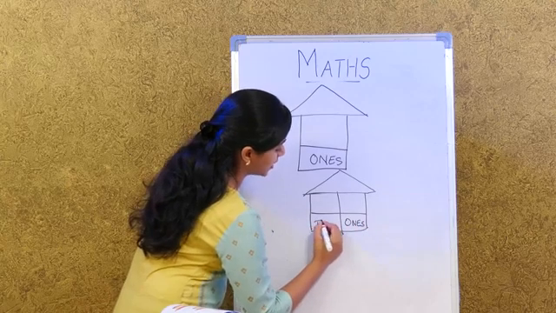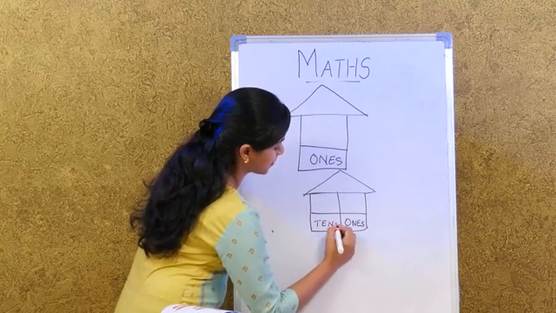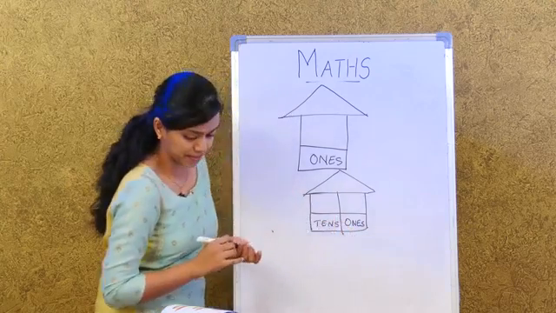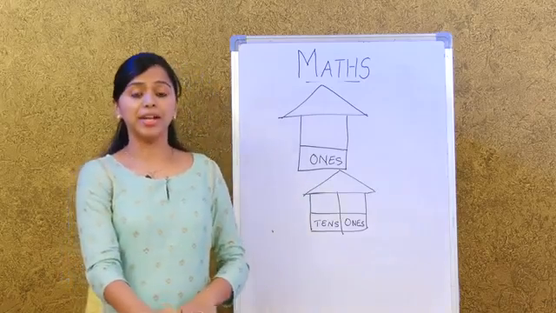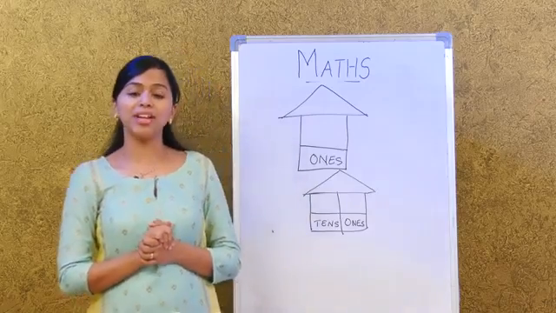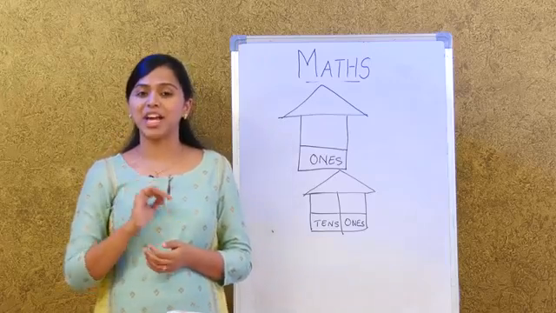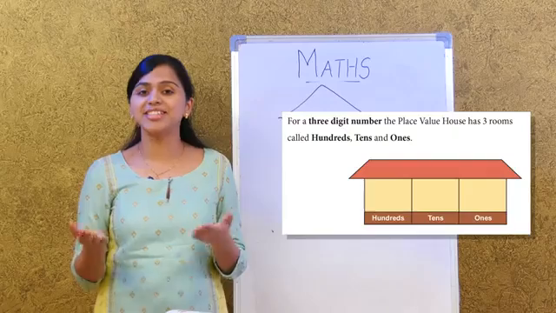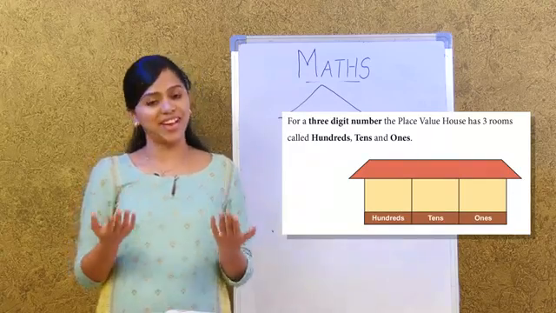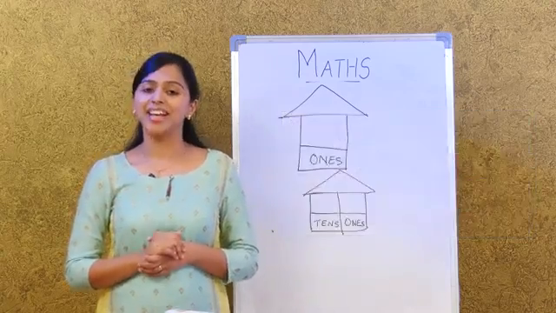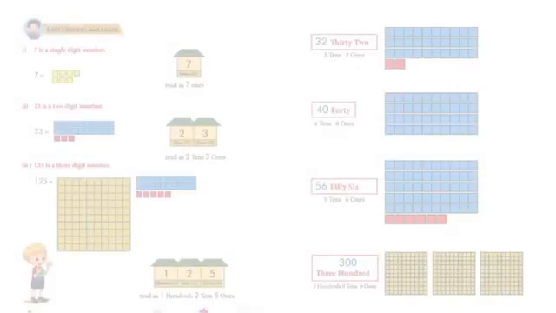Then we have tens. Right? Very good. Now for a 3-digit number, how many rooms will we have? Any guesses? We have 3 rooms. That would be of hundreds, tens and ones. Very good. That's right. Now let's go to the next page.